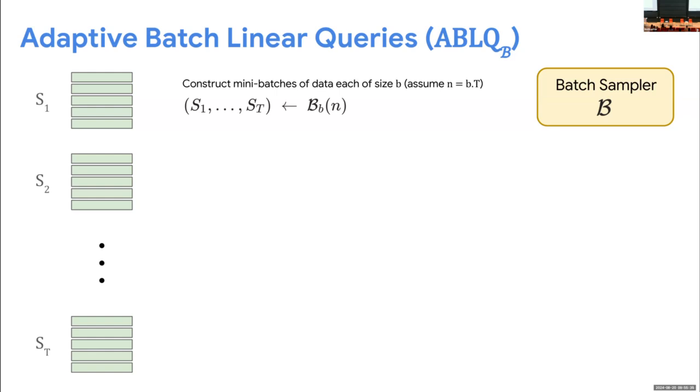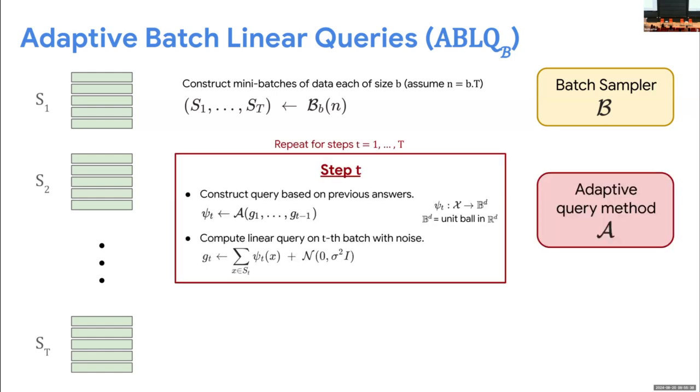And now the adaptive batch linear query mechanism has this adaptive query method A, which based on previous answers comes up with a linear query. A linear query is something that maps examples to vectors with norm at most 1. And then you compute the sum of the value of the query on all examples in your batch and add Gaussian noise.